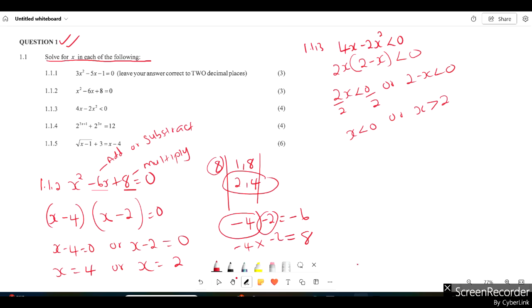If the coefficient of x squared is positive, the graph must have a smile, must be smiling, guys. But if the coefficient is negative, the graph must frown, because it's a negative number. The graph will be sad.